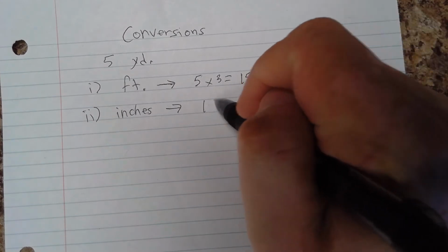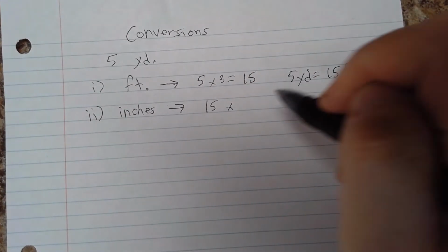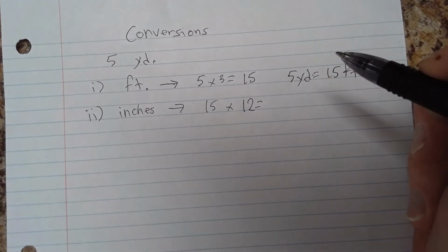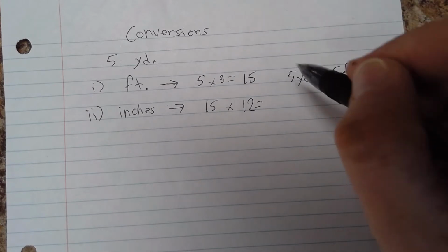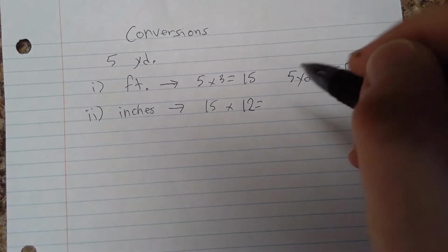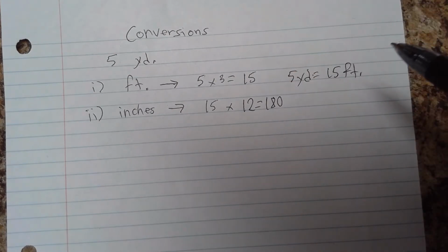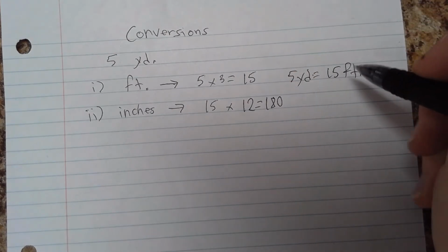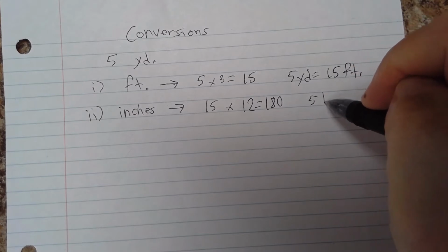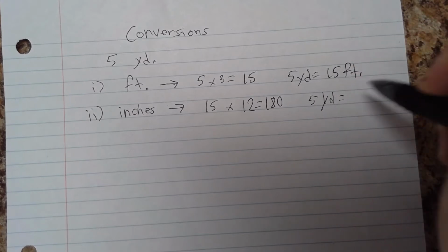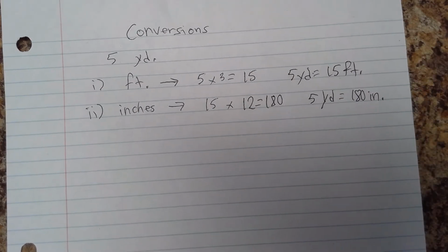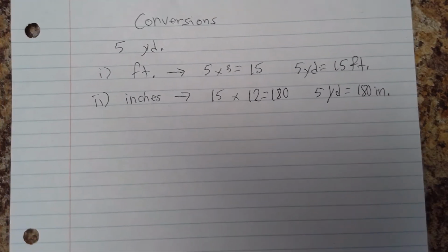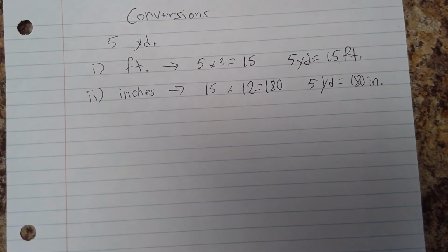Take the 15 that we already have, and there are 12 inches in a foot, and 15 times 12, plug that into my calculator, you're at 180. So you can say that 5 yards equals 180 inches. Very good idea to use the abbreviations as much as possible and make your life easier.